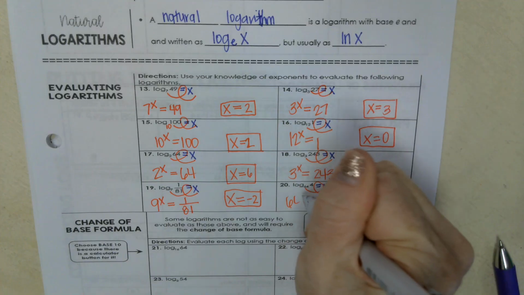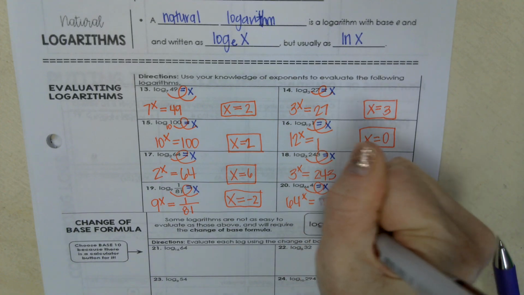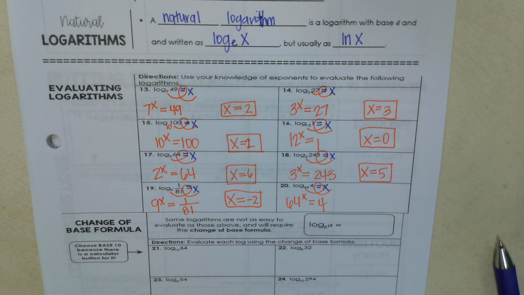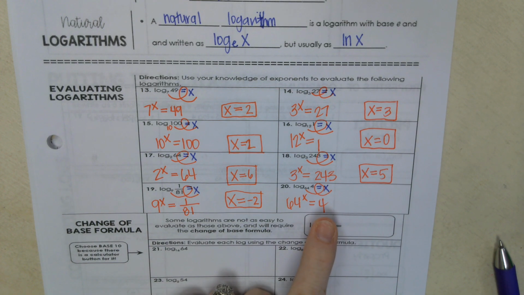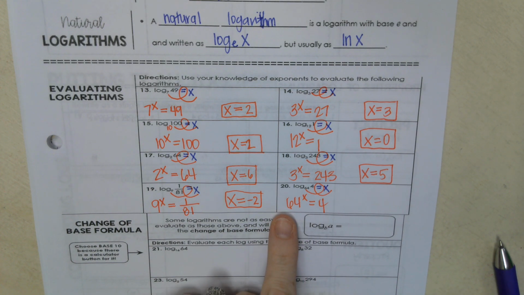I got 64 to the x power equals 4. Hey, real quick, my number went from a bigger number to a smaller number this time, right? So think backwards. What power would I raise 4 to give me 64? Close. The third power, okay?